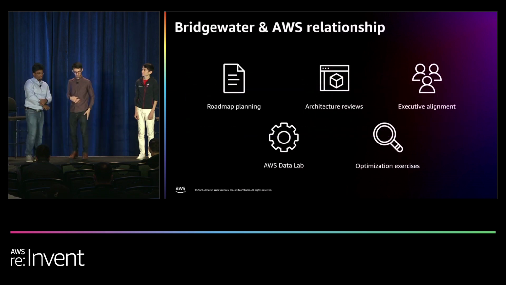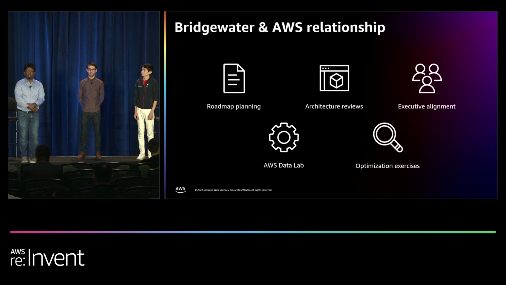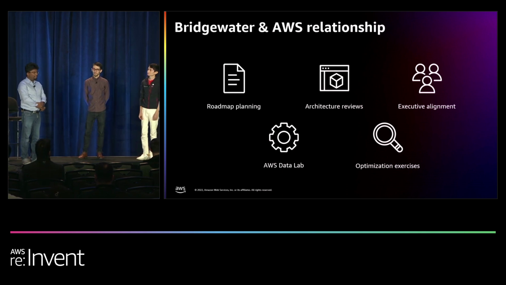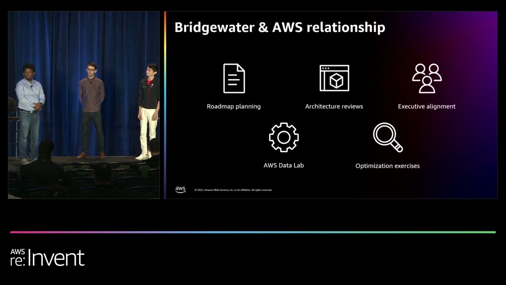So thank you, Anthony. This was a very fulfilling project for us. And one of the things that we did very differently compared to previous projects with AWS was a structured process. We started with the roadmap planning, about a year ago, or 18 months ago, when you said, hey, we want to build the system, we want to move to this architecture.